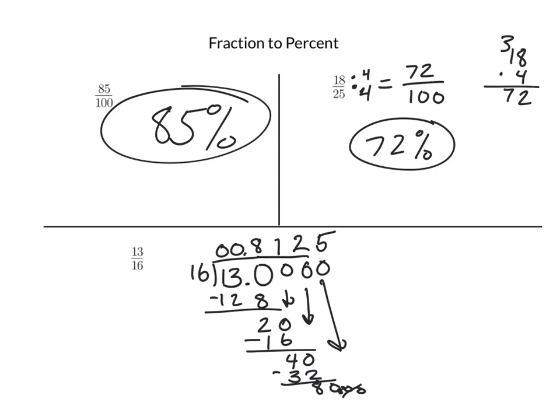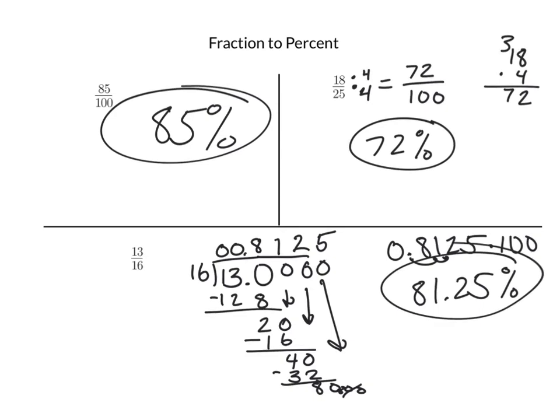Okay, so my decimal is 0.8125. So now, to take that and change it into a percent, I'm going to multiply it by 100, which moves my decimal twice, and I get 81 and 25 hundredths percent.